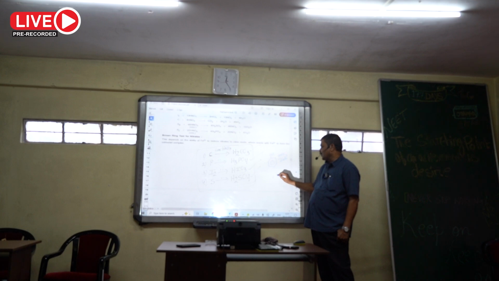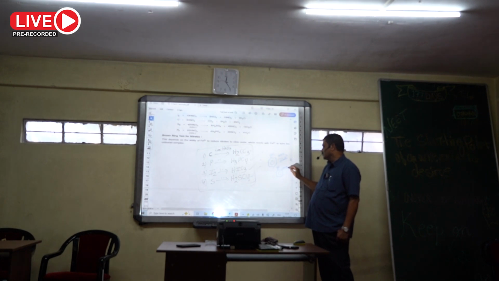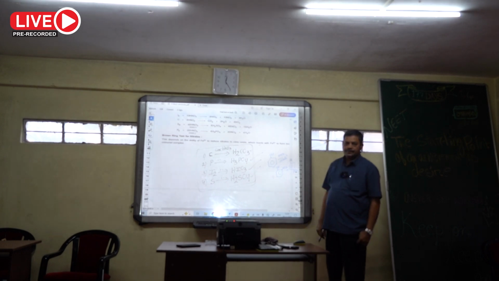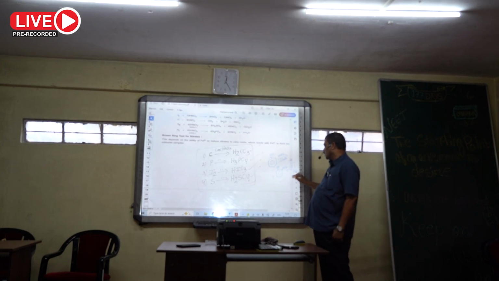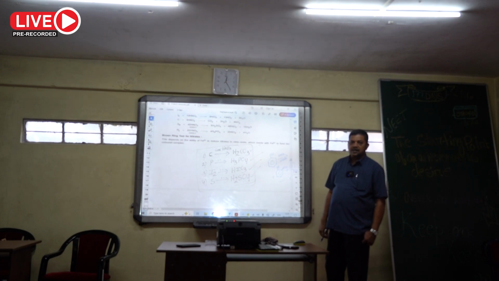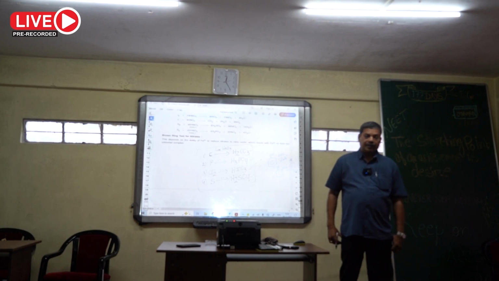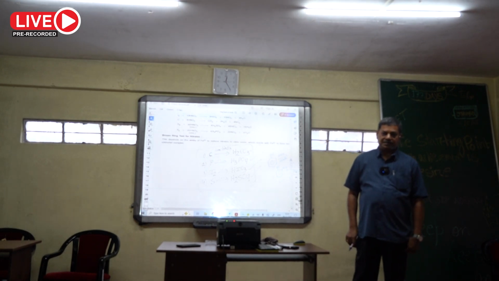You will get a mixture of orthonitrophenol and paranitrophenol. Ortho and paranitrophenols. Here one more important question is there. A mixture of ortho and paranitrophenols is separated by, very good, steam distillation.